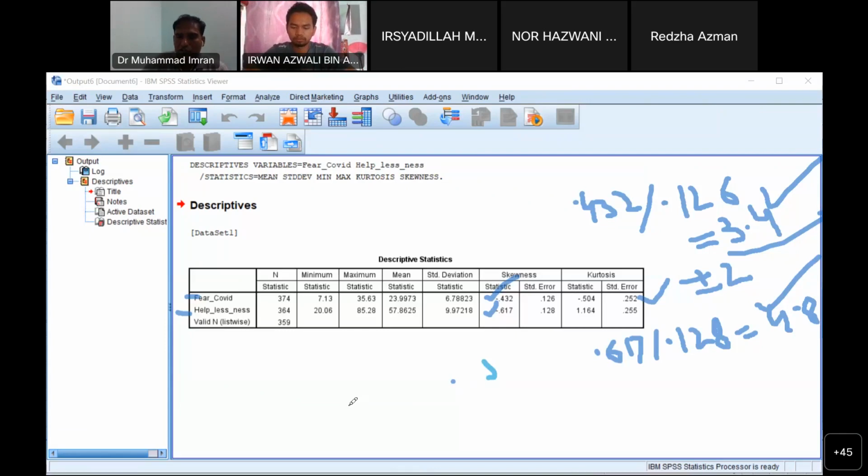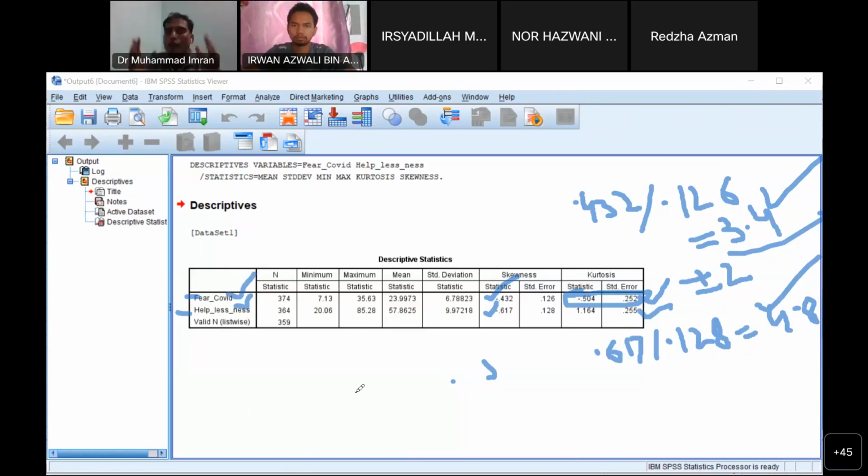Yes, this one is okay, kurtosis is okay. Next one: 1.164 divided by 0.255. For COVID-19 kurtosis is okay, but for helplessness it is not okay.